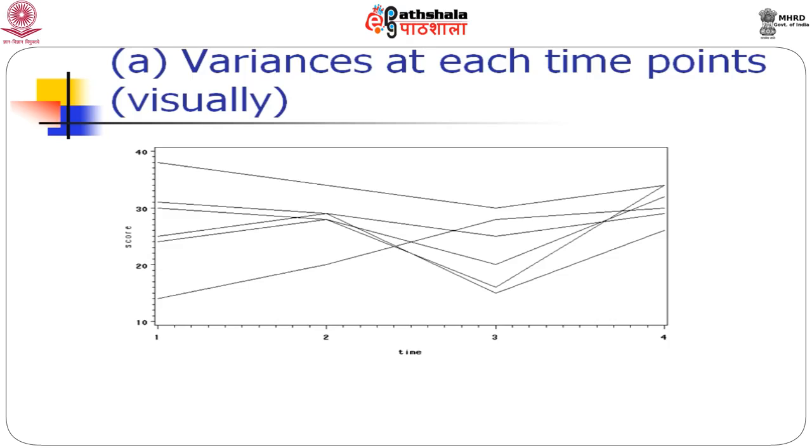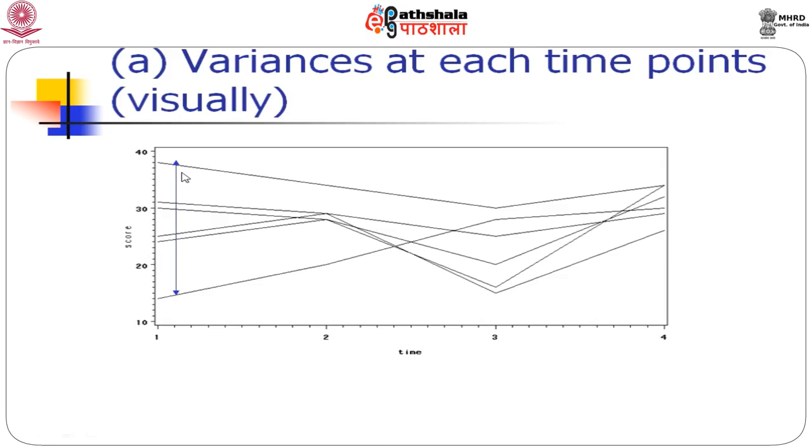Now, once again we come back to the profile plot, where you see the variances at each time point. When you see time point 2, time point 3, time point 4, there are variations. So the variances are different, and we have to capture those variances. Now you see how this differs. There is a variation between individual to individual.